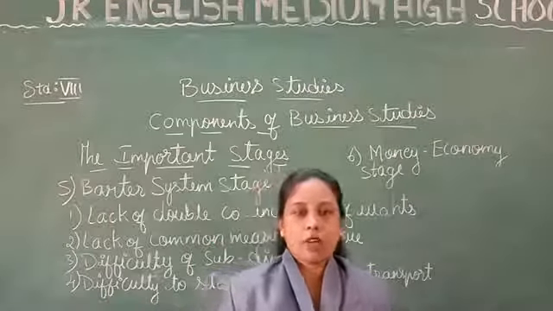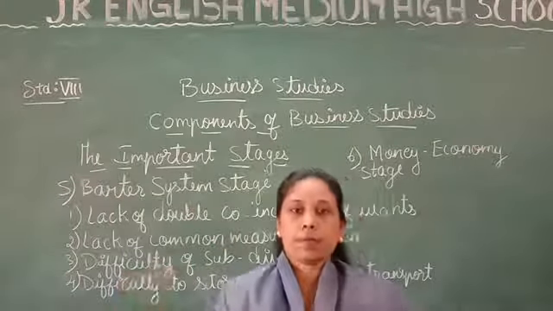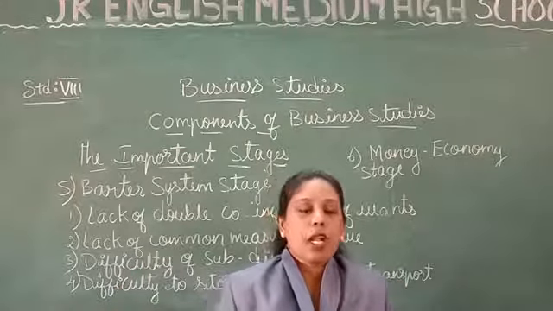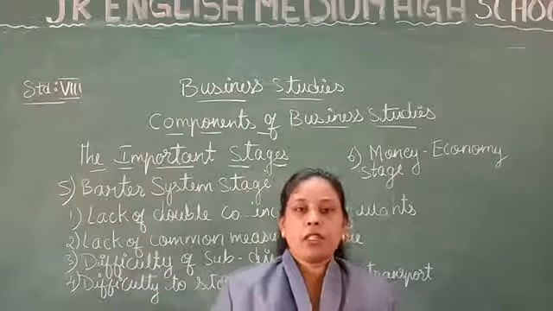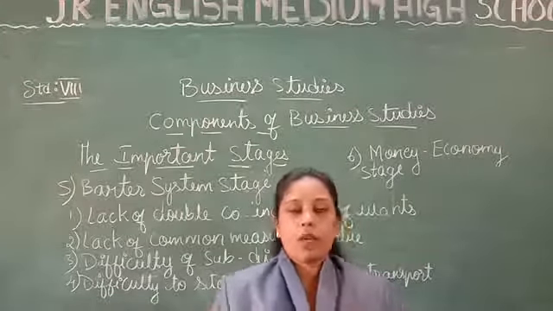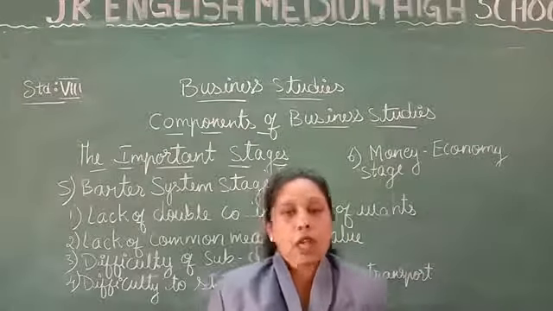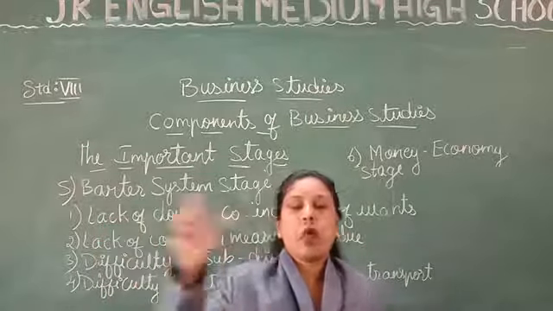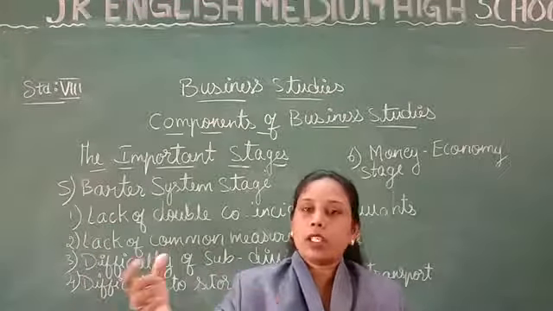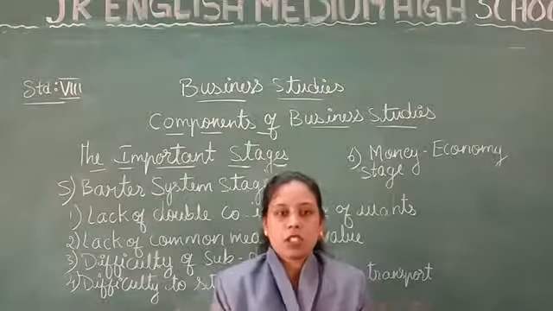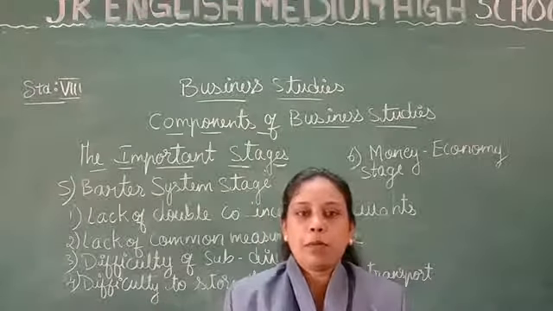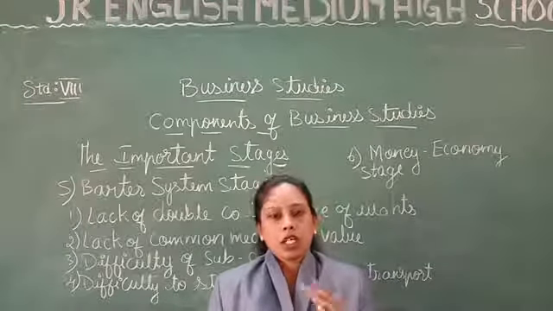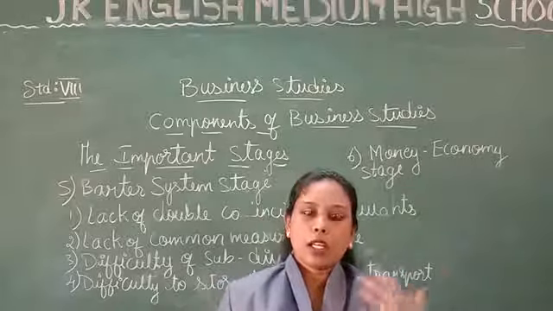I want jowar, he wants rice. Both of us are having wheat, but I don't want wheat, I want jowar. But that person is having wheat, and he wants paddy, but he won't take wheat. So this is the coincidence, producing the same thing. But such double coincidence was rarely found.